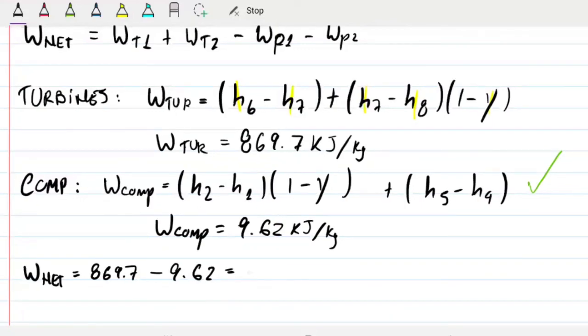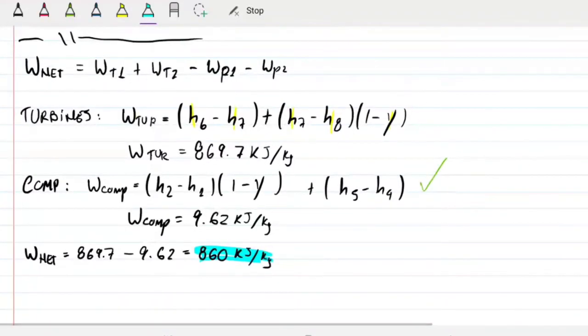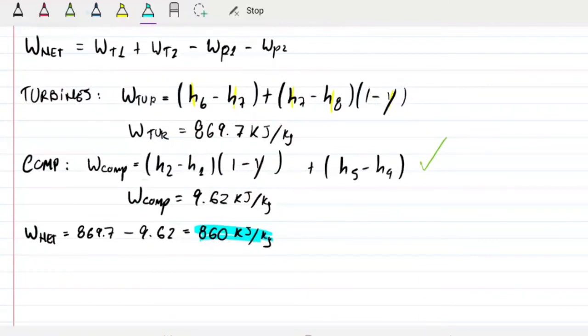So we get 860 kilojoules per kilogram as the output of this cycle. Okay, now finish off. That's the output of this cycle. So that means that if we want to know what's the mass flow rate, we just take the mass flow rate we want, which is for 25 megawatts.